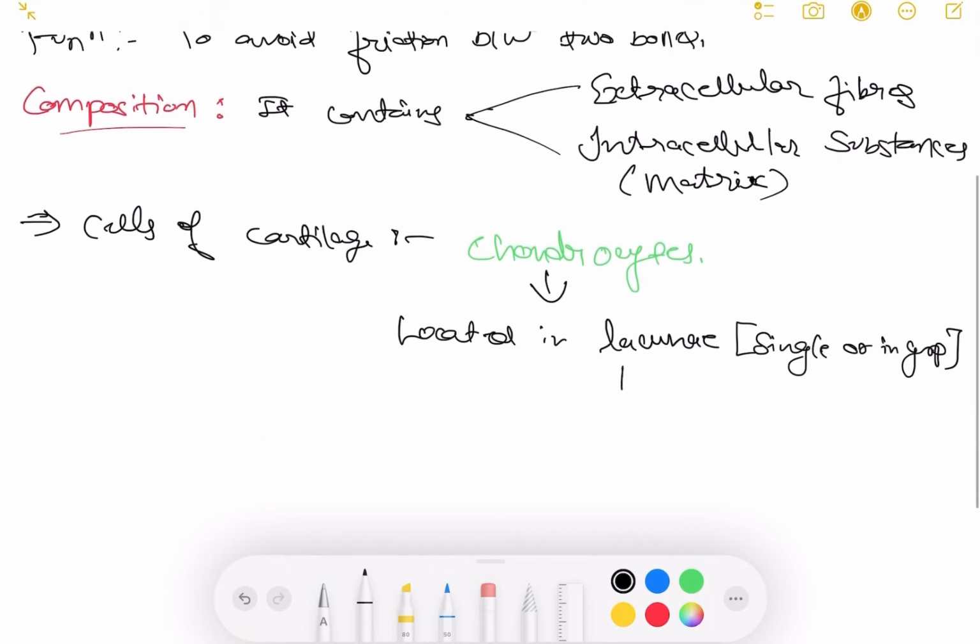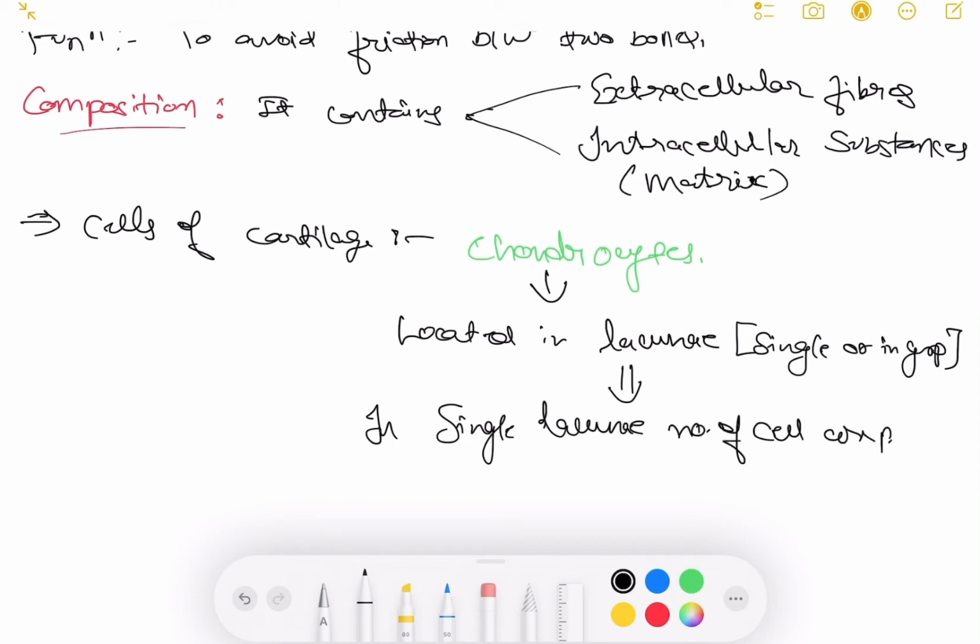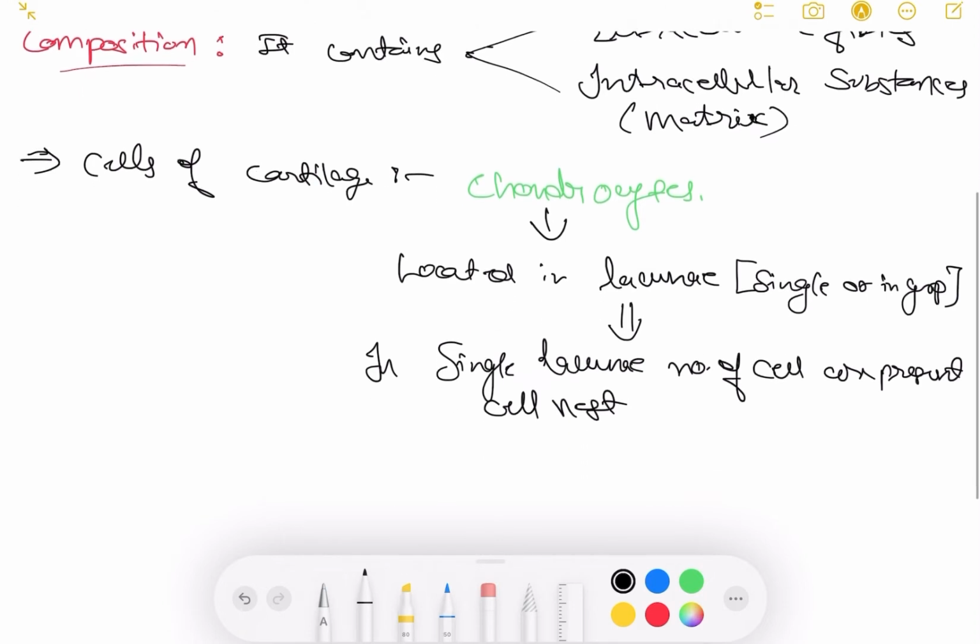Now if in a single lacunae a number of cells are present, then it is called a cell nest. What it is called? Cell nest.